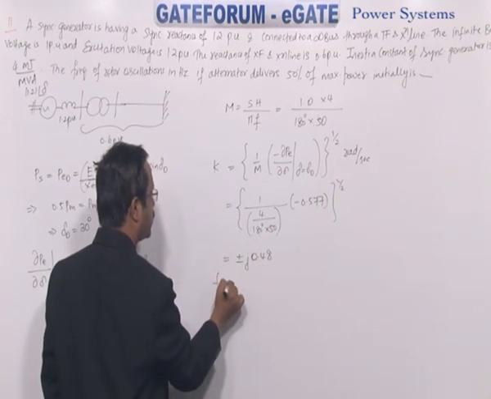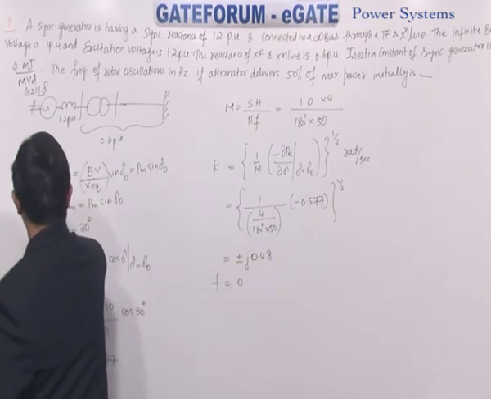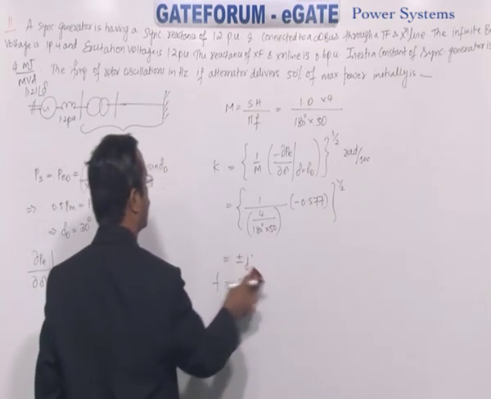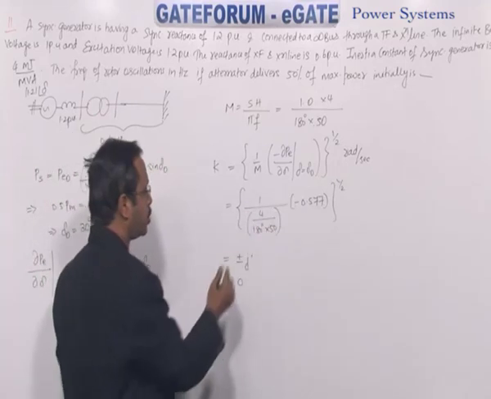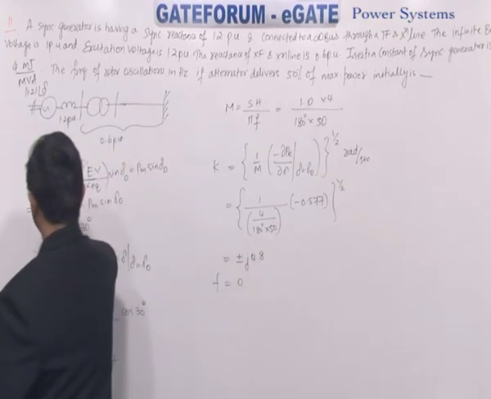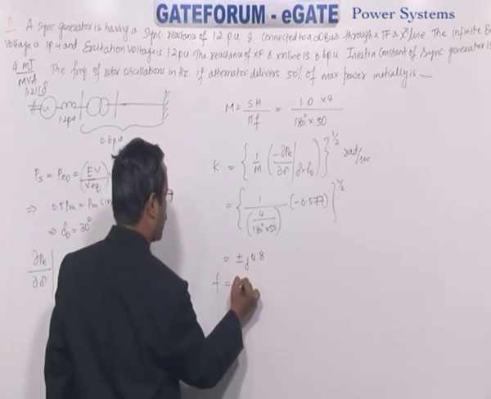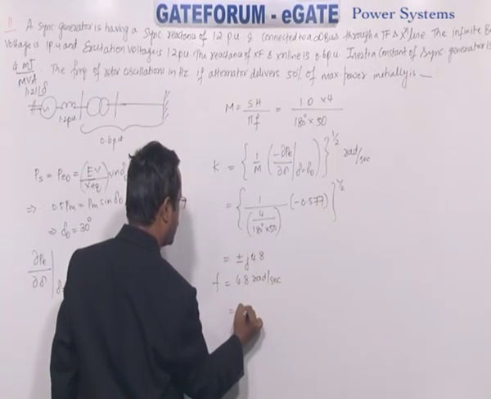So what is the frequency now? It is 4.8. You have the negative term inside, so the roots are complex conjugate. So this 4.8 is in radians per second. How to convert this to hertz?